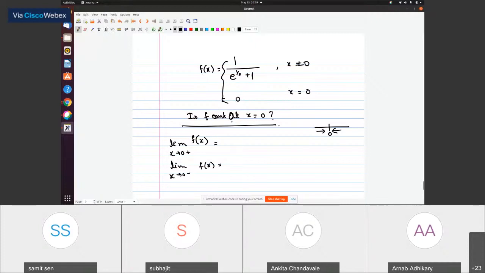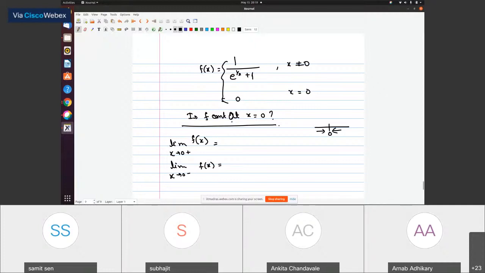Okay. Anyone wants to try it? Just try to explain. Yeah, sure. So, sir, for the limit as x tends to 0 plus of f(x), it will be from the right side, that is x greater than 0.